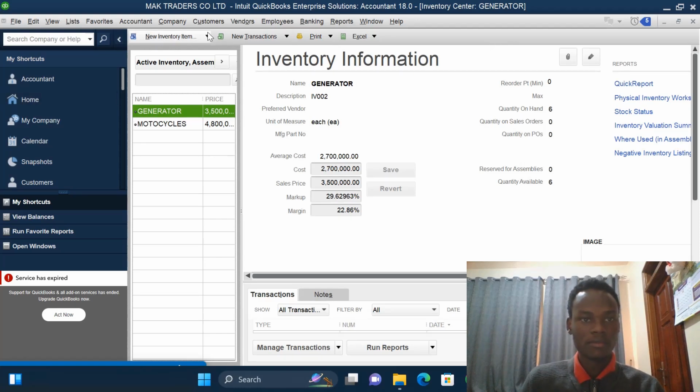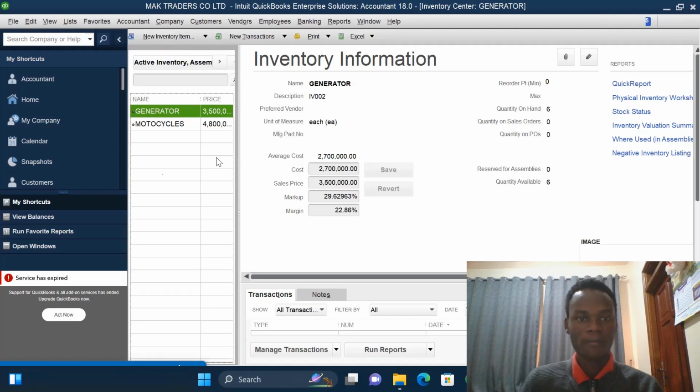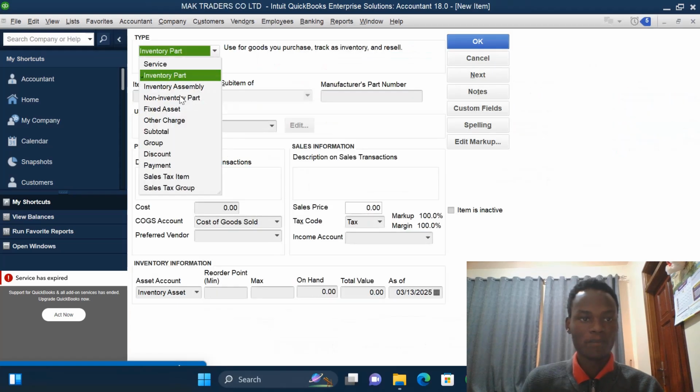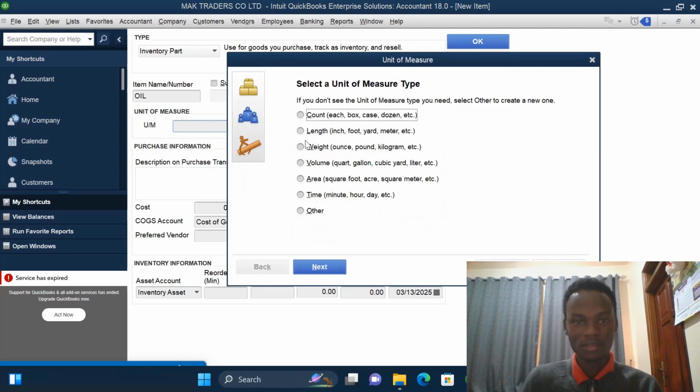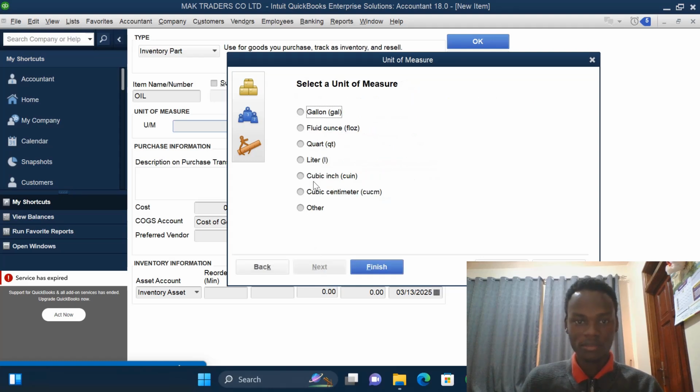We have oil. So we come to new item, inventory part, oil. Basically for oil we're going to change the unit of measure because it's not each. The oil unit of measure is volume. So go to volume and we're looking at a liter.